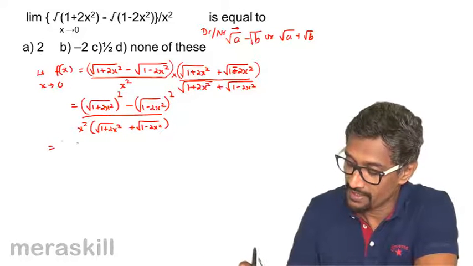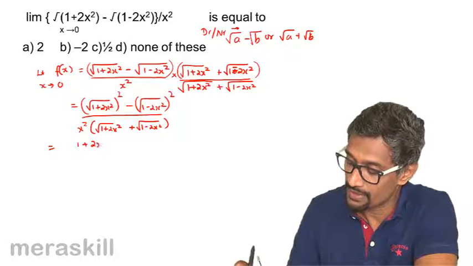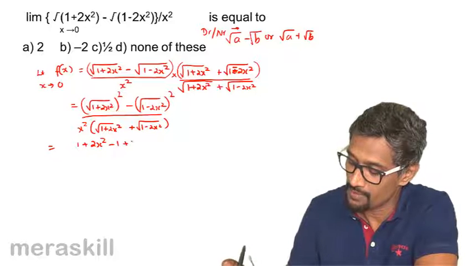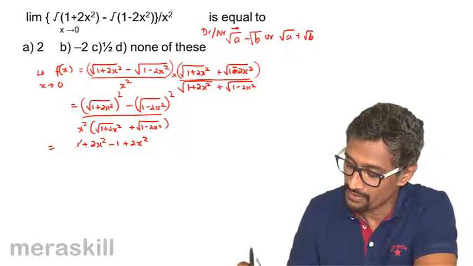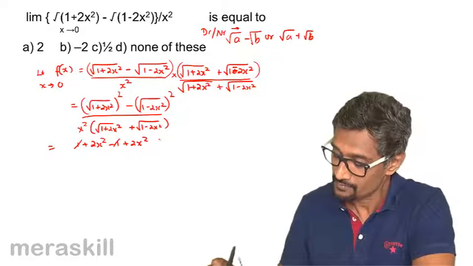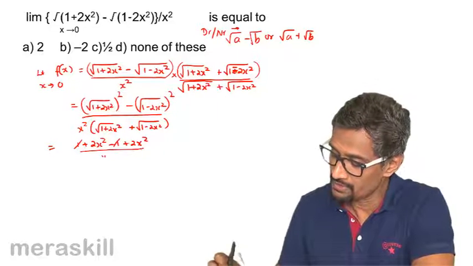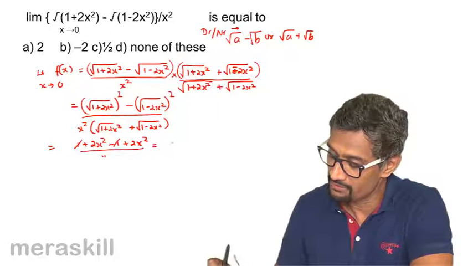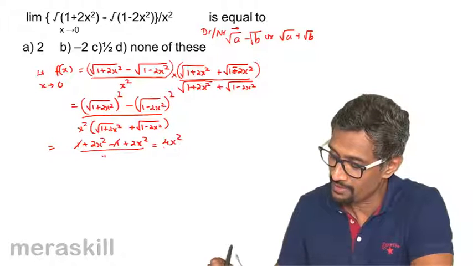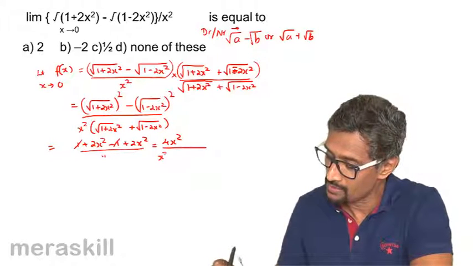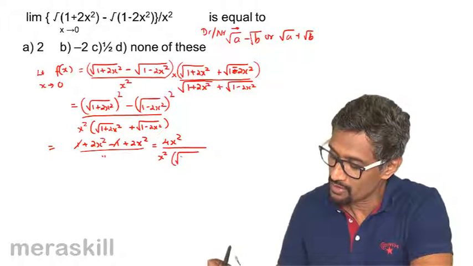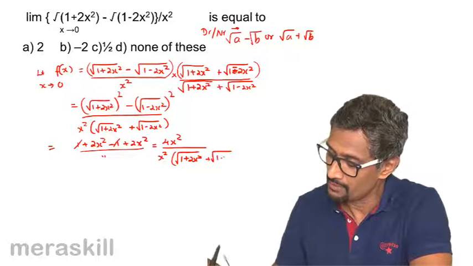This on simplification will give you 1 plus 2x square minus 1 plus 2x square. These two get cancelled, upon the same denominator. This will eventually become 4x square upon x square into root 1 plus 2x square plus root 1 minus 2x square.